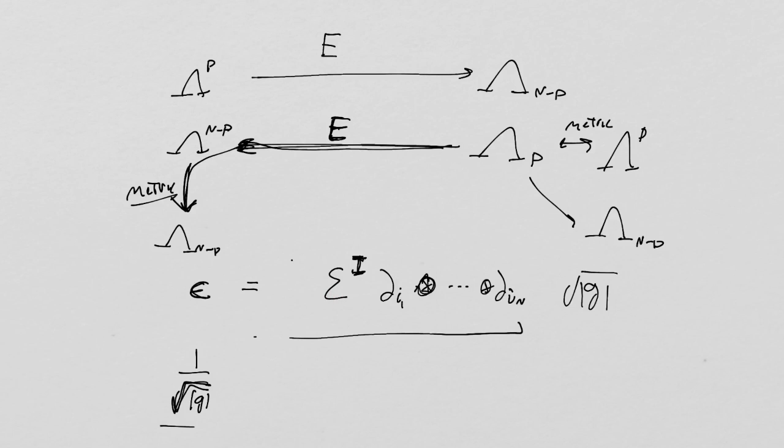But if I include this guy and put him back, then its transformation is consistent, right? It transforms exactly like a tensor, and it preserves its Levi-Civita values. And so now you can all of a sudden raise and lower indices.